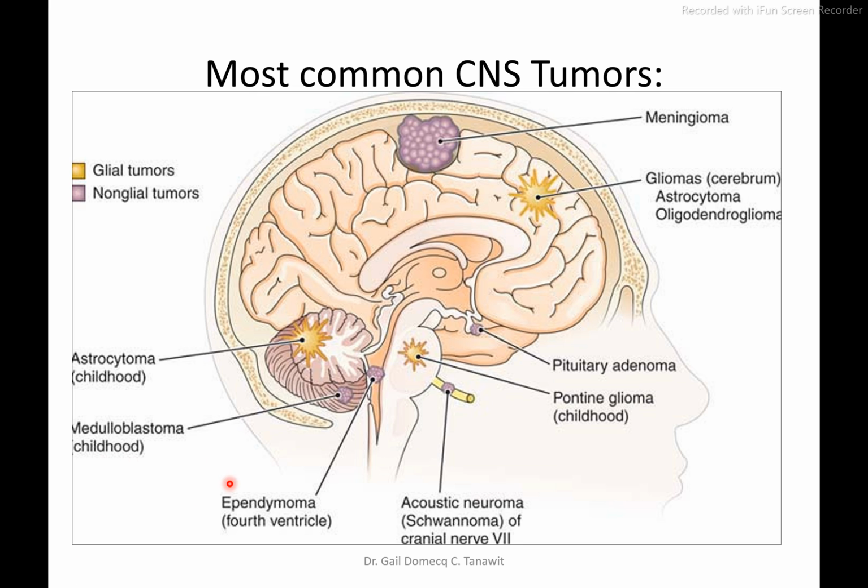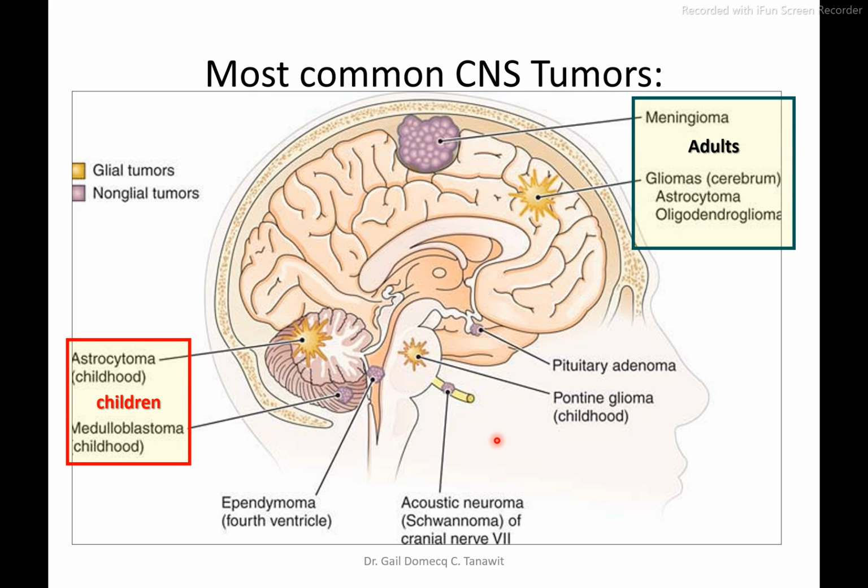So pag sinabi din namin na ependymoma, it's usually infratentorial, and here it's located in the fourth ventricle. And schwannoma, it's usually from cranial nerve 7. So therefore, kapag may brain tumors, kailangan namin as a pathologist, we need radiologic studies. CT scan, MRI, it would give us already a clue kung ano yung tumor na pinag-uusapan natin.